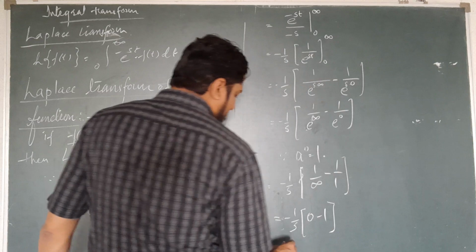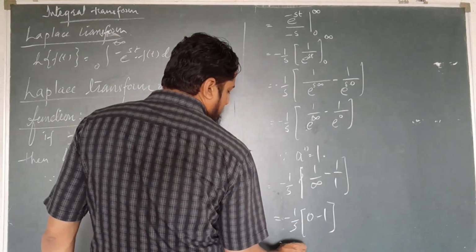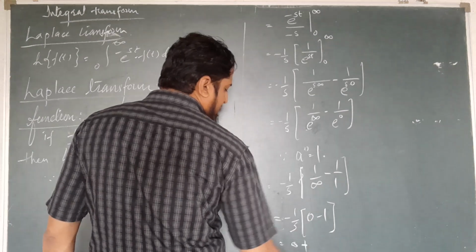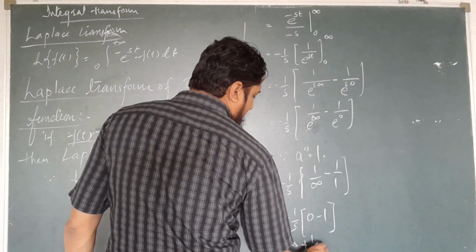After multiplying we will get minus 1 into 1 upon s is equal to 0, then minus minus becomes plus, 1 upon s into 1, that is 1 upon s.